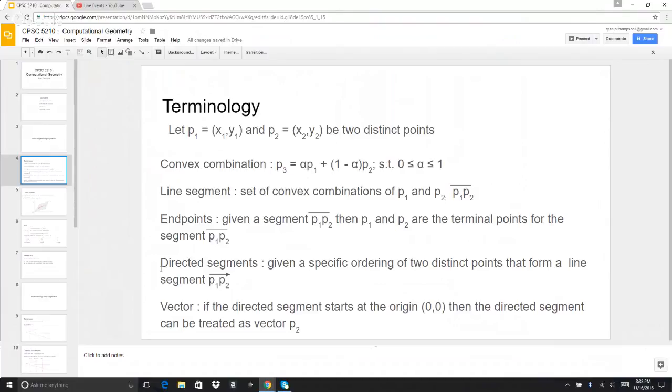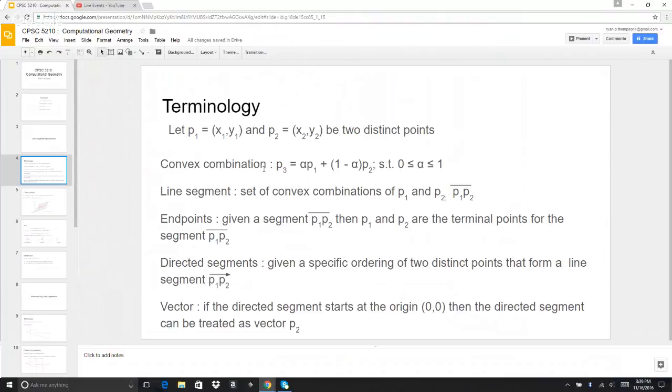Something to note, which we'll get to in the directed segments, is that when P1 and P2 are labeled as a line segment, it just indicates a series of connections between P1 and P2. It doesn't indicate in which direction you're actually moving. Important later. The endpoints. Given a segment P1 and P2, which we just learned the definition of, then P1 and P2 are the terminal points for that segment, the absolute boundary points for that segment.